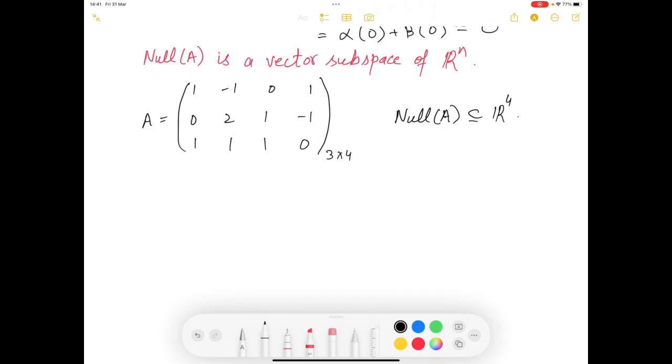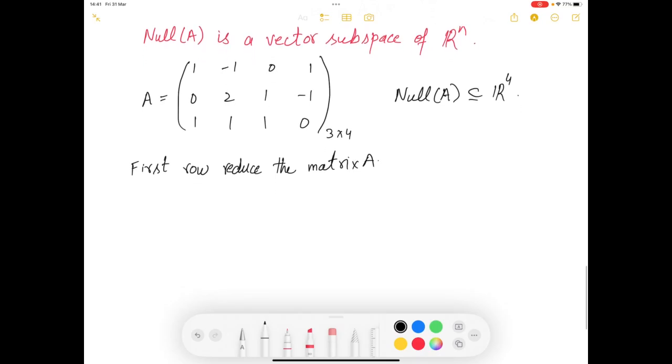First, row reduce the matrix A. We'll get a row reduced echelon form of this matrix.